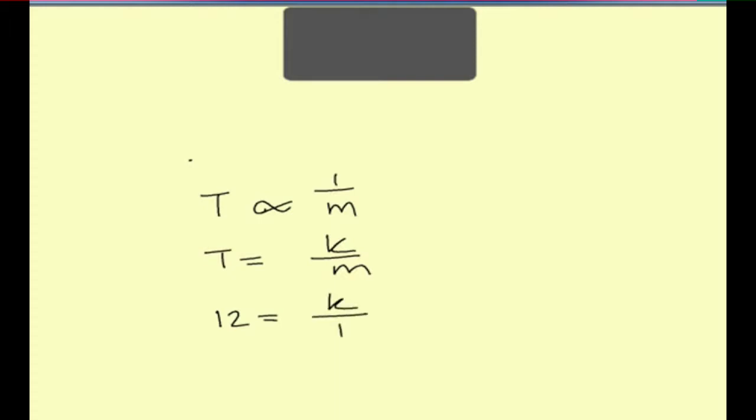Okay, so let's go through the next question. t is inversely proportional to m. So t is equal to k over m, and we're told that t is equal to 12 when m is equal to 1. So that must mean that k is equal to 12. Remember, we must always determine the constant of proportionality first.